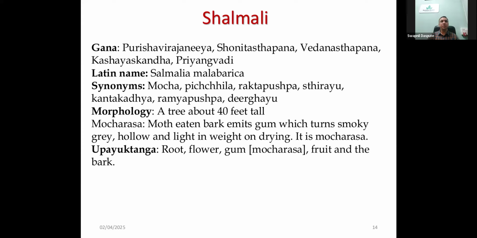Vedana Sthapana: we usually do not call it analgesic, but it will alleviate the pain. It's not a painkiller group of herbs. It is Vedana Sthapana. It will alleviate the pain.